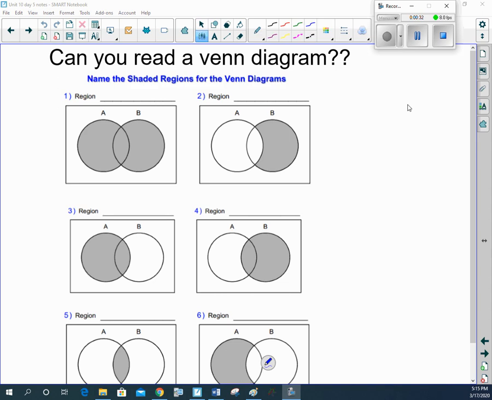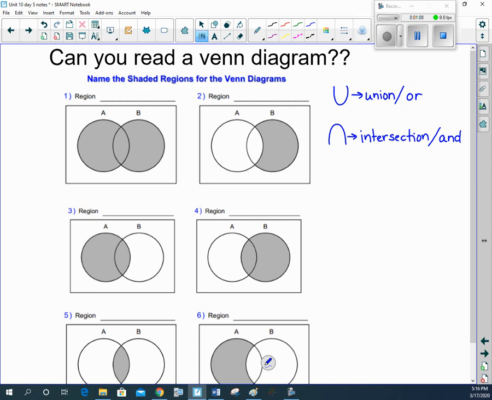So first of all, a couple of symbols to remember. This symbol right here, this U, is your union symbol. It kind of means "or." And the upside down U is your intersection symbol, and that is kind of meaning the word "and." We also do this a lot in statistics, where they'll say "not A."